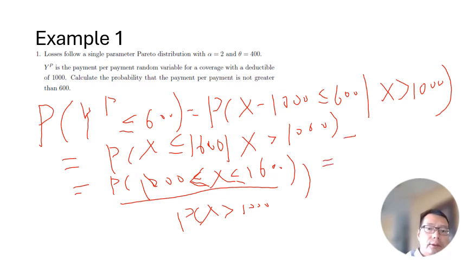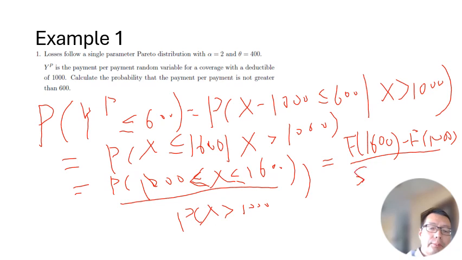Then this is just a function: F of 1600 minus F of 1000, divided by S of 1000, because P of X greater than 1000 is just the survival function S of 1000. Then you can use the formula to calculate that, and the final number is 0.694.